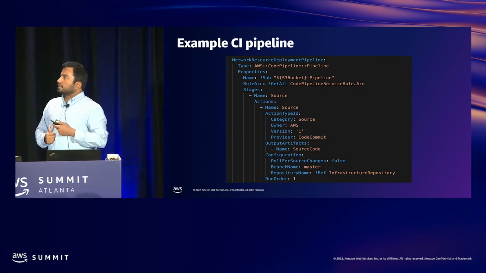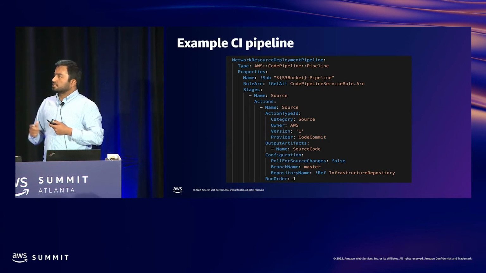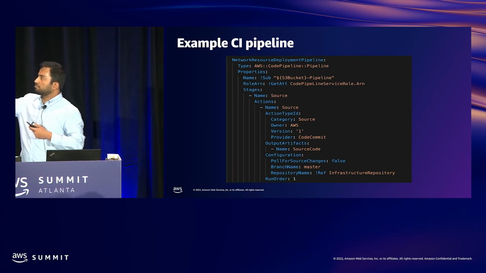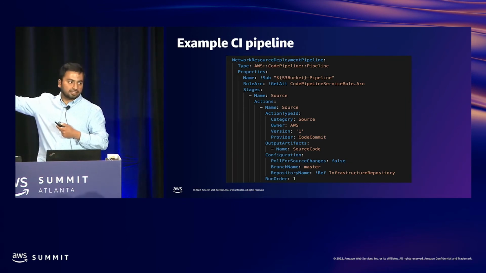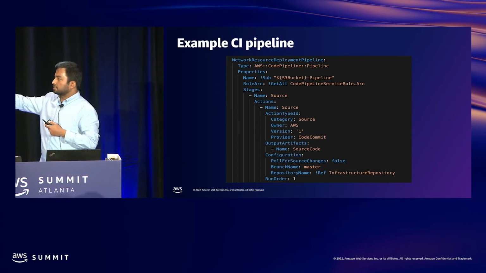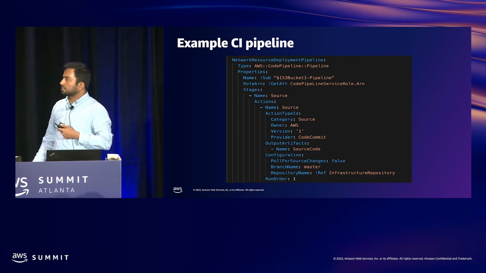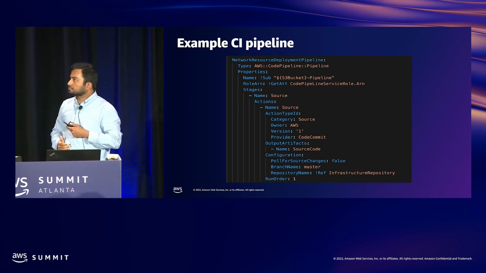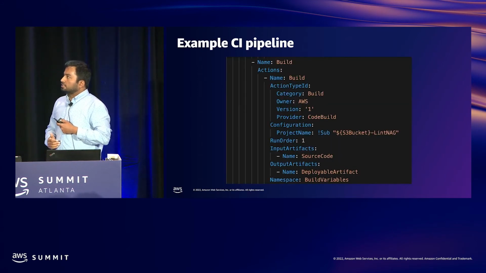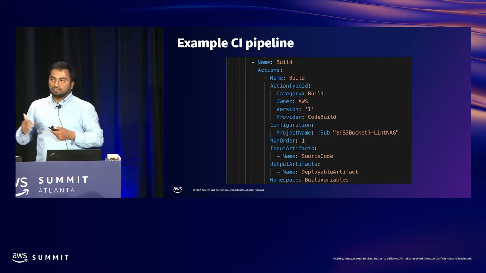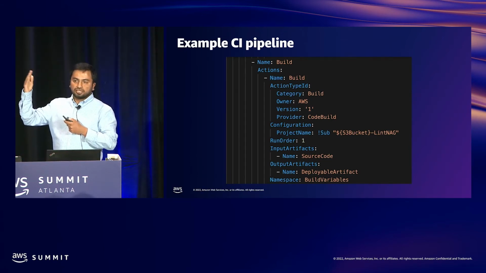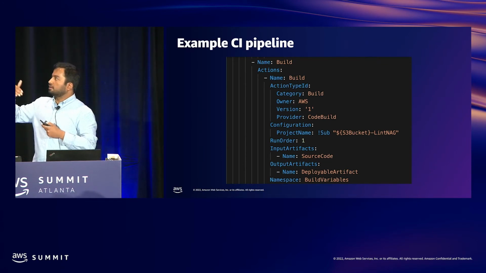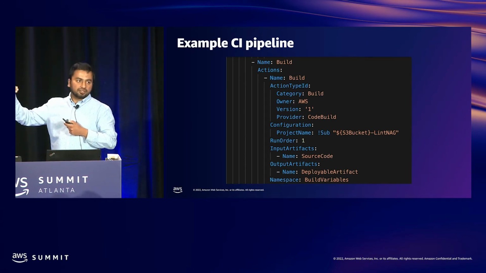Here is an example. In this screenshot, what we are trying to show is you have a pipeline which takes source as the AWS CodeCommit. You have the repository as the infrastructure repository, and then you use CodeCommit as your source control. Once you have the source controlled, any push to your master branch triggers the pipeline, and the next phase in the pipeline is the build.